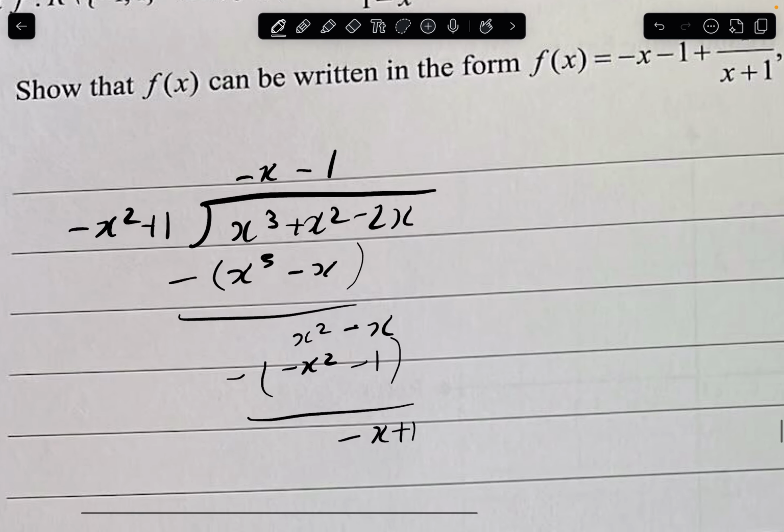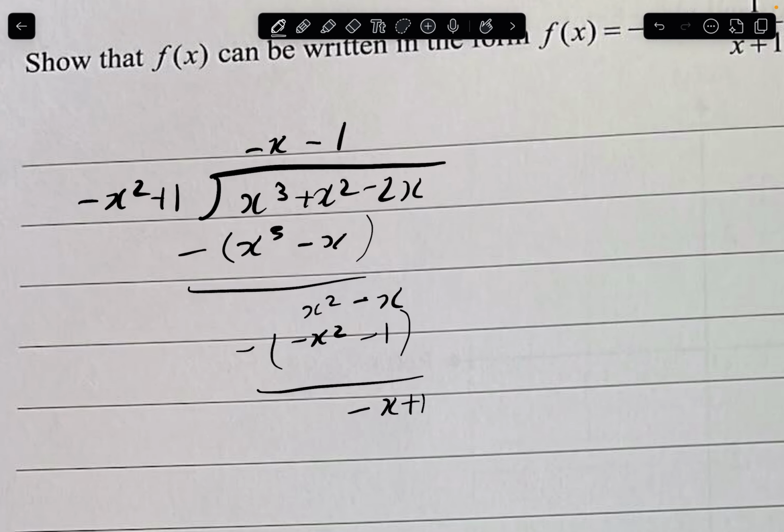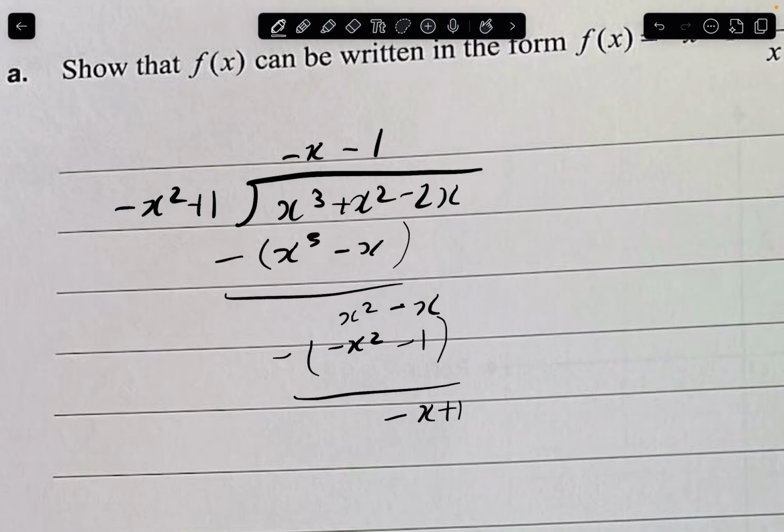Negative x gives you negative x cubed minus x. And then subtract and you get x squared, negative 2x plus x is negative x.